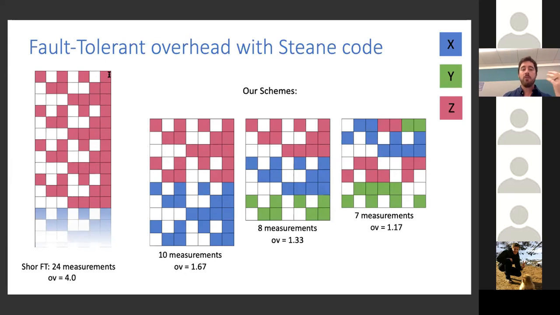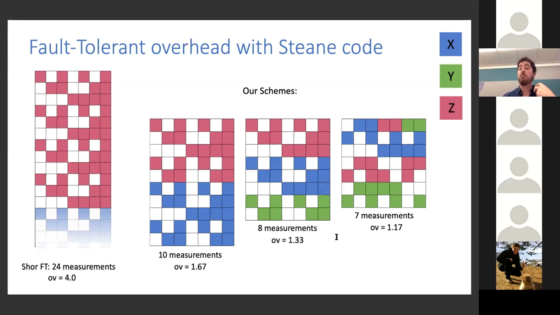So now if you perform Shor error correction, you need 24 measurements and the overhead is 4. If you perform the scheme I showed before with only 5 measurements, you can correct with 5 measurements in X and 5 measurements in Z. So in 10 measurements, you can perform fault-tolerant error correction. But you can do a little bit better. Here you measure only X and Z, but if you introduce Y measurements, you can do that in only 8 measurements.